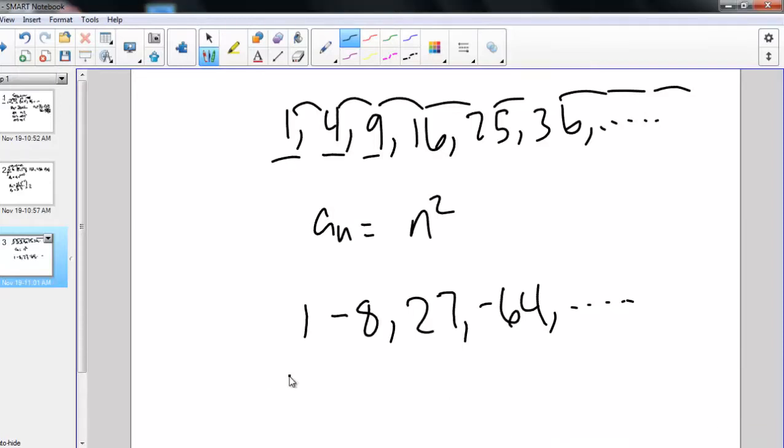Question is, is it a to the n equals negative n cubed? Well, is that what you're thinking, or are you thinking this? Or does it even matter?